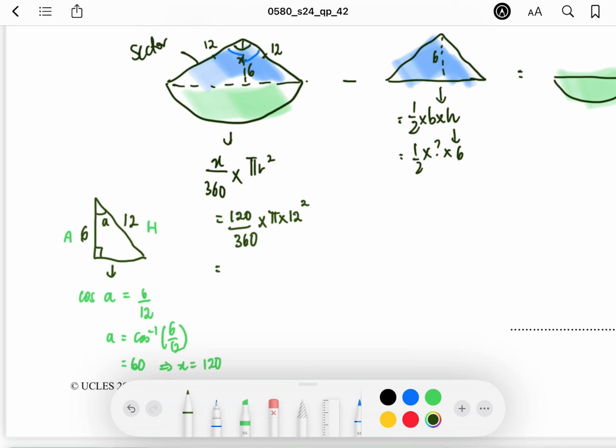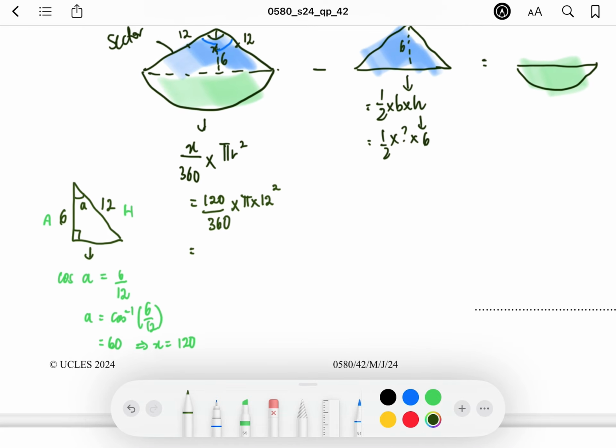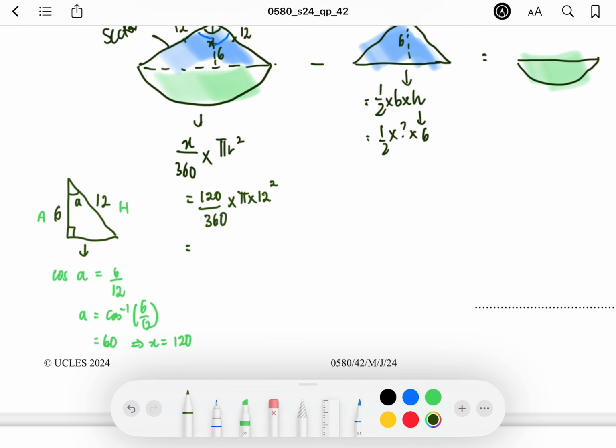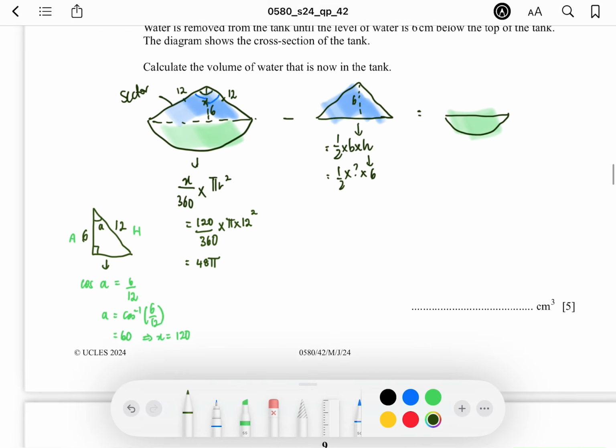Boleh pakai in terms of pi dulu. Ya memang lengthy ya, because markahnya tinggi ya. Okay. So berapa pi? 48 pi ya. Tadi boleh sebagai pi saja. Okay. So we got that one.